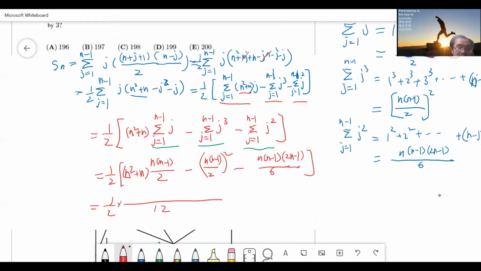Okay, so for the top one, we're going to factor n and n minus 1.